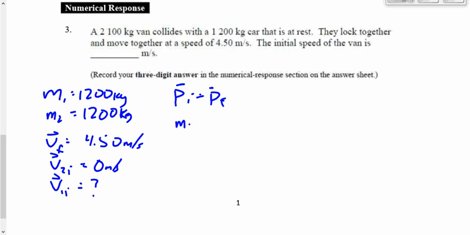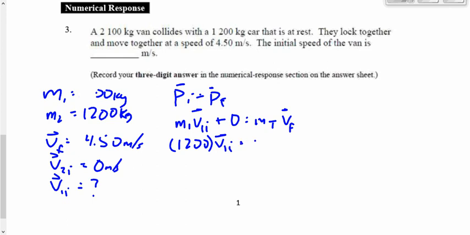We're just going to say M1 V1I plus 0 equals mass total times VF. M1 is 1,200. V1I is what we're looking for. Total mass is, that should have been 2,100, right?